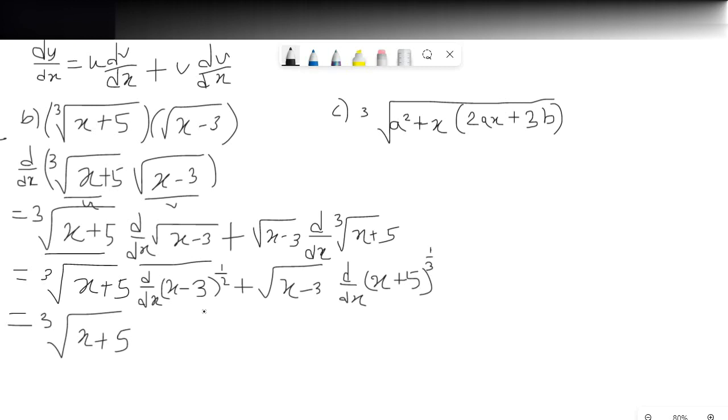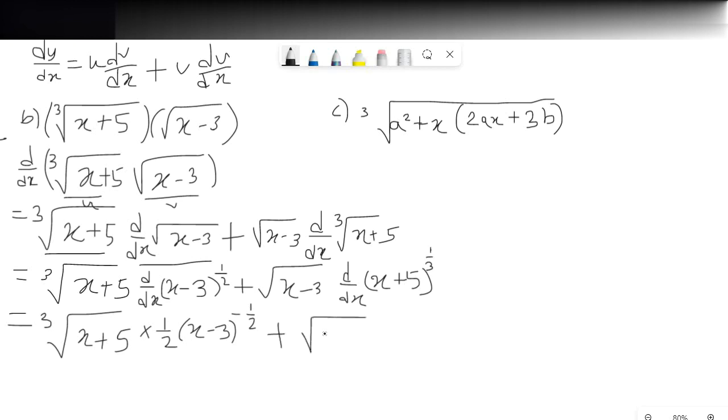So we get cubic root of x plus 5 multiplied by the derivative of x minus 3 whole to the power half, which is basically half x minus 3 whole to the power minus half, because n minus 1, which is half minus 1, is minus half, and then multiplied by the derivative of x minus 3, which is basically 1. So for this case I'm not going to write that down.